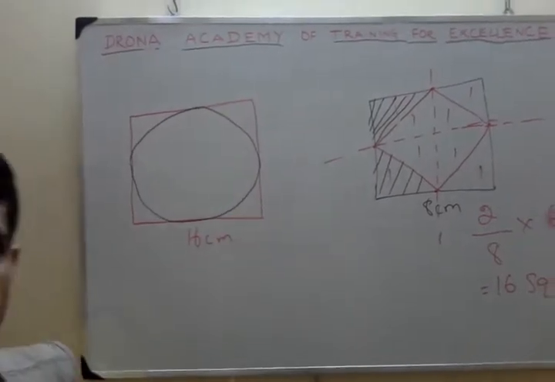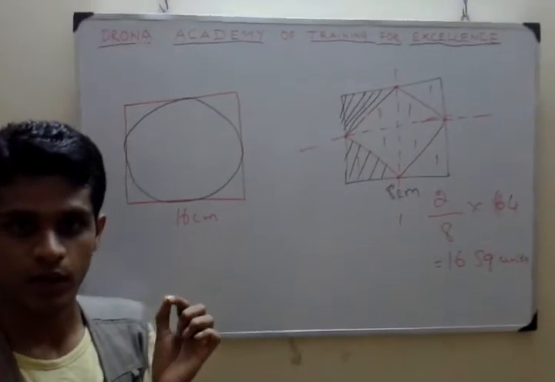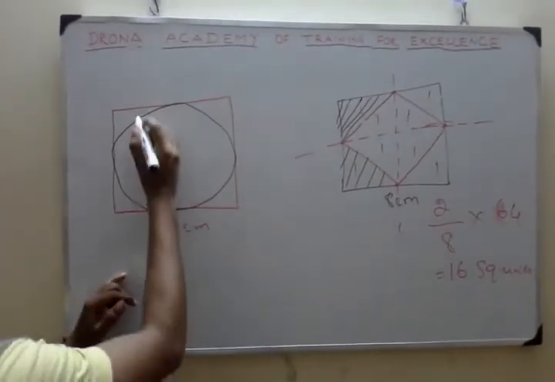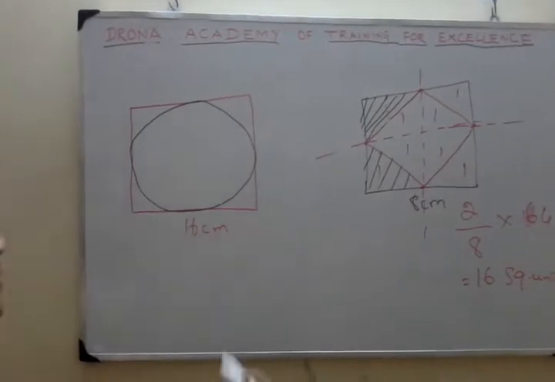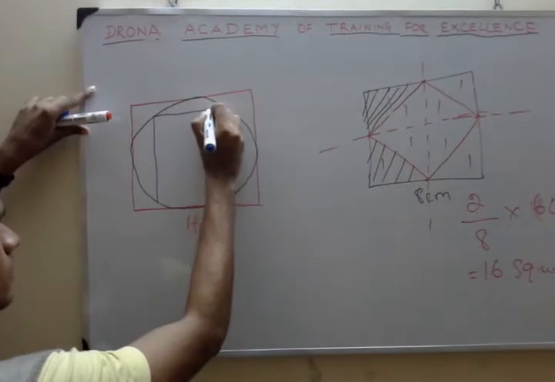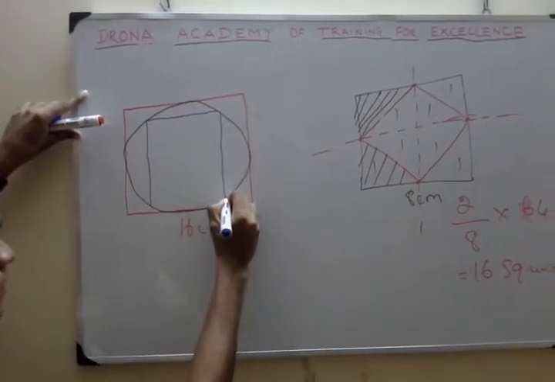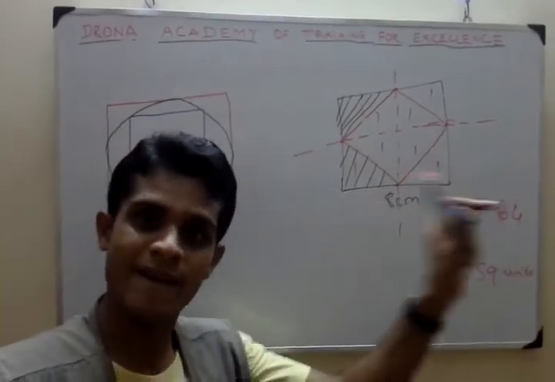No data for the circle; nothing has been mentioned regarding the circle. And inside the circle, again we have one more square. Again, we don't have any data about this square as well.